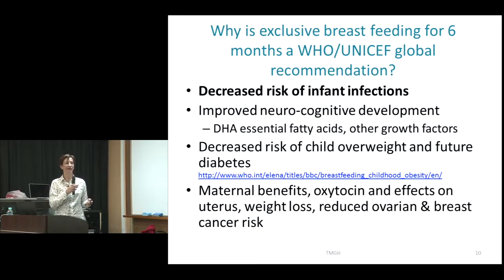So breastfeeding releases a hormone called oxytocin, which is the same one that's responsible for inducing the childbirth process and carries on during breastfeeding, and it helps to shrink the uterus back to its original shape and stop postpartum bleeding.